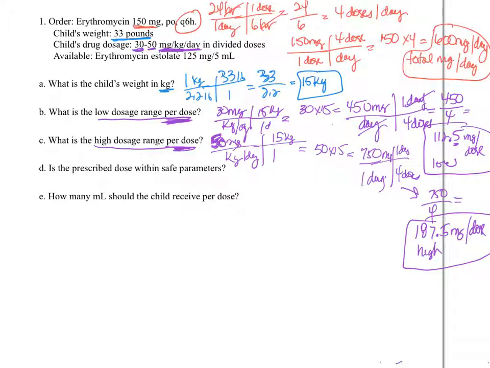Now we have to look at is the prescribed dose, which would be 150 milligrams, within safe parameters. So we just calculated our low and our high dosage. Our low dosage is 112.5 milligrams per dose.